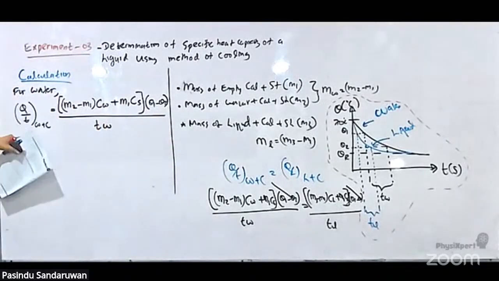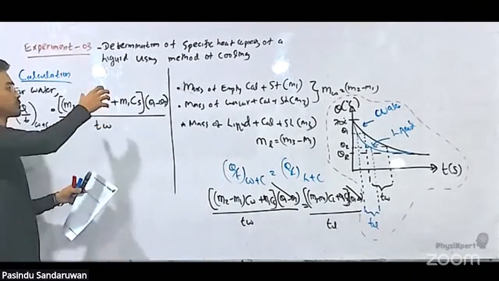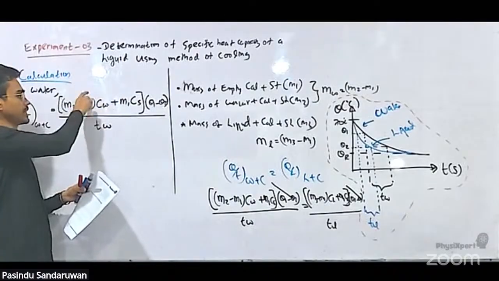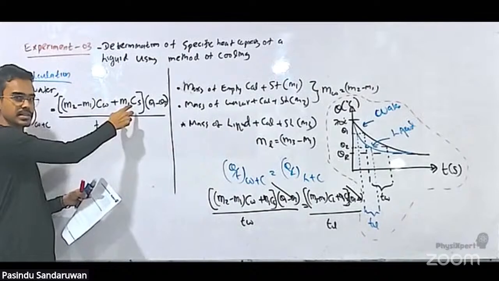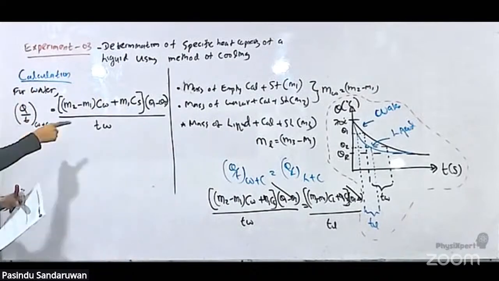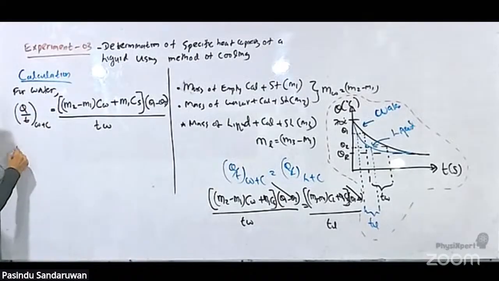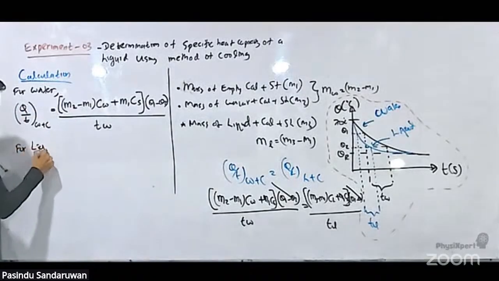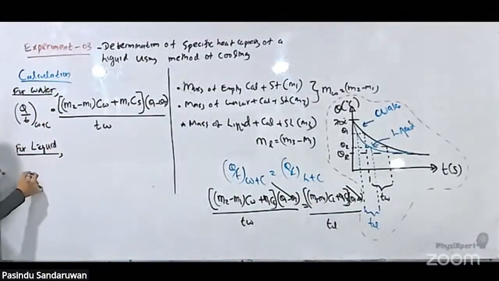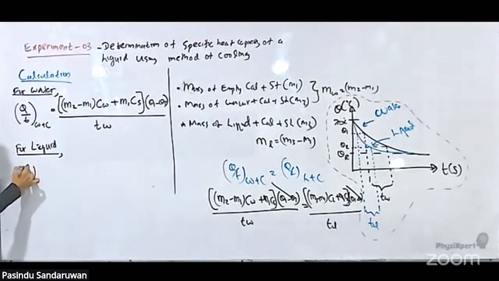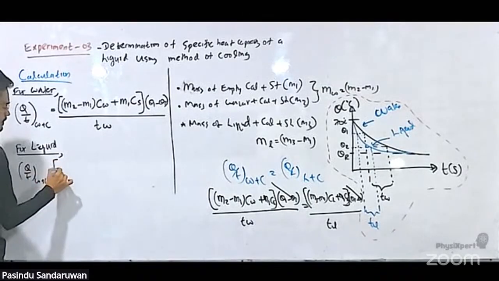Right, Q over T of water plus calorimeter: total heat is here, heat liberated by water, and heat liberated by calorimeter, over their time Tw. Then the same thing for liquid: Q over T of liquid plus calorimeter.